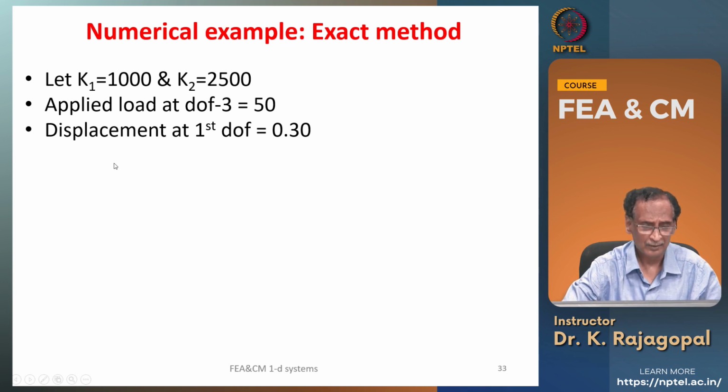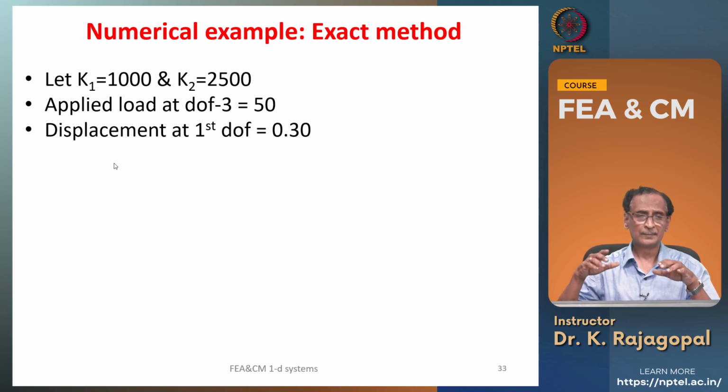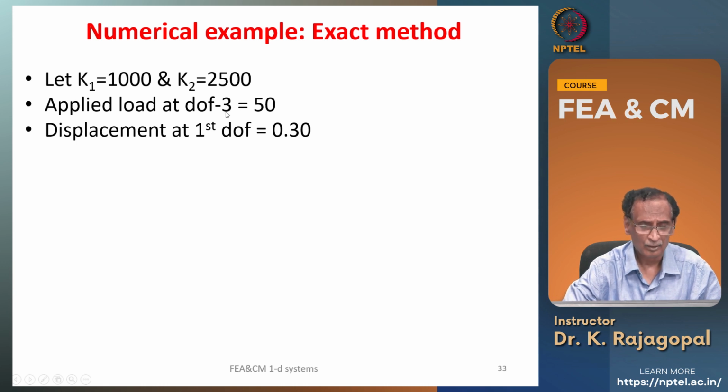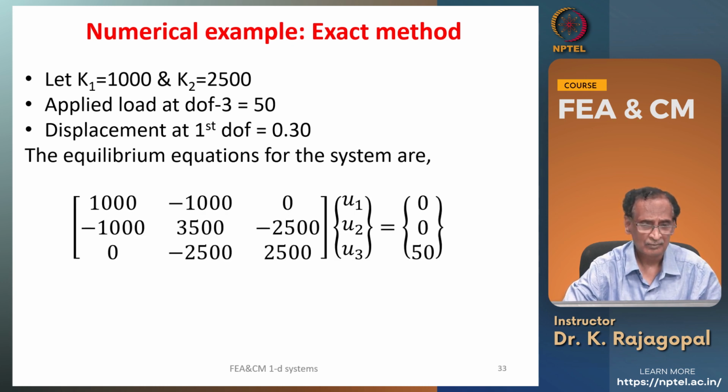Let's say in this previous example of two elements with spring 1 K1 and spring 2 K2, we applied a load of 50 at degree of freedom 3, and at degree of freedom 1 we constrained the displacement to 0.3. Okay. And so our equilibrium equations are like this.